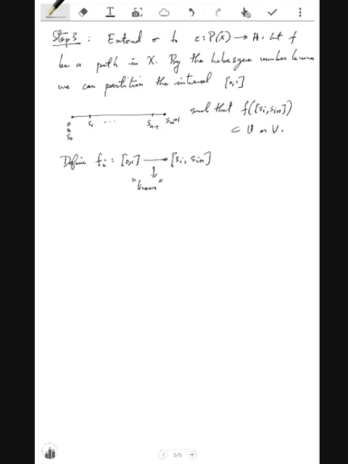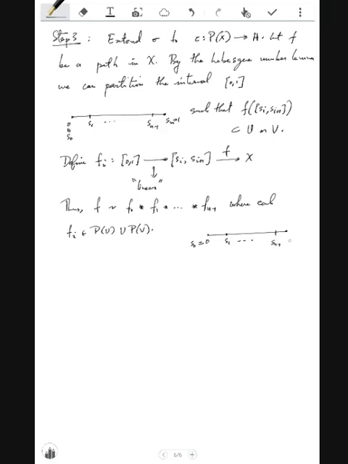So basically we translate and scale, and this is F. And then F is homotopic to this, obviously, where each Fi is in P of U union P of V. So this is F0, this is F1, this is F2, and so on.